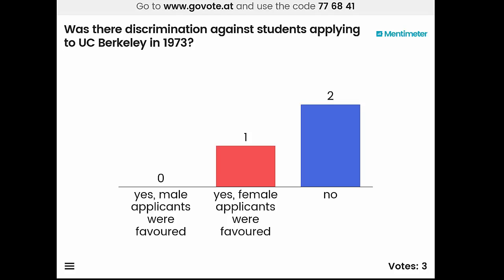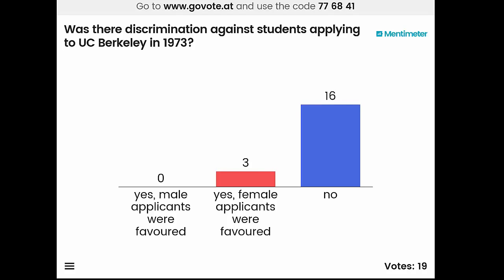And the question is, was there discrimination? Okay, well, the great thing that I see here is that none of you said the first thing. And that's great. That tells me that you got the paper.